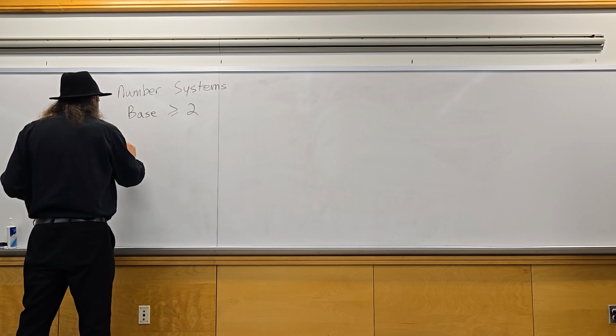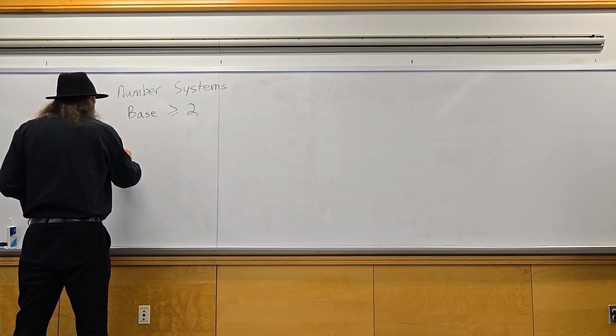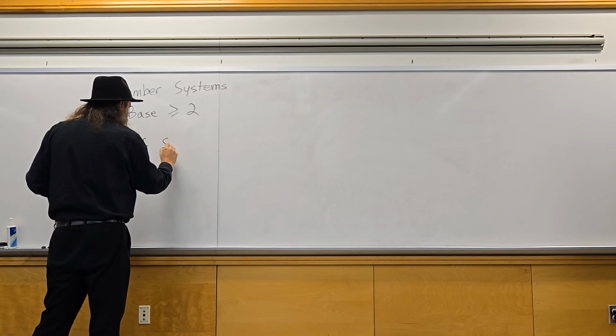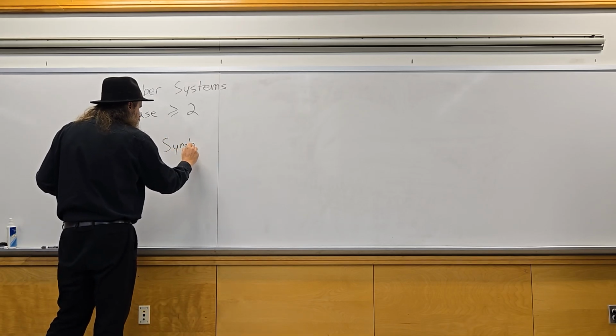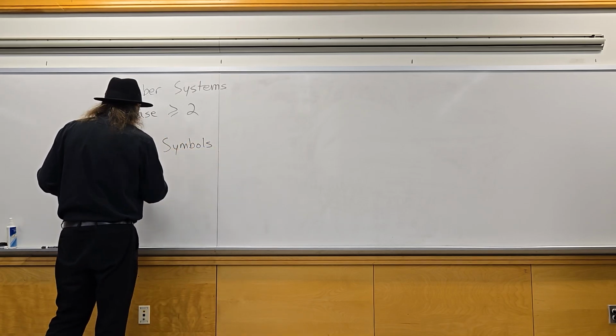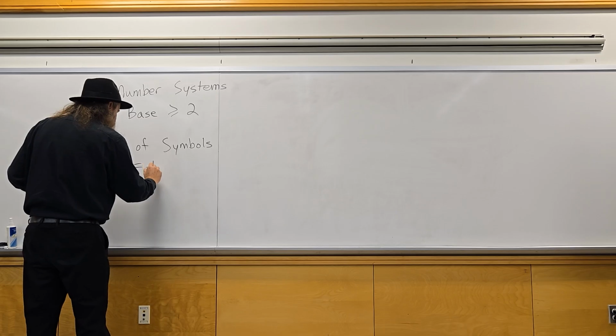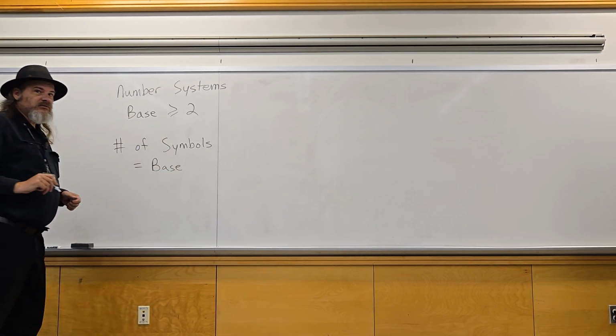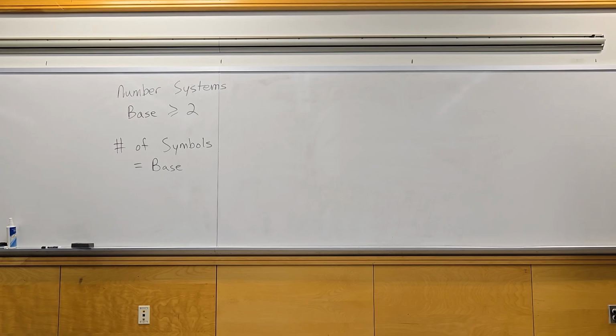Bases have a number of symbols equal to the base. So if you have base 7, it has 7 symbols. If you have base 16, it has 16 symbols.